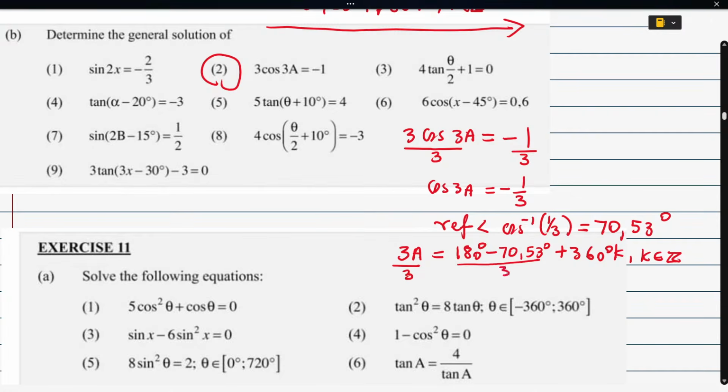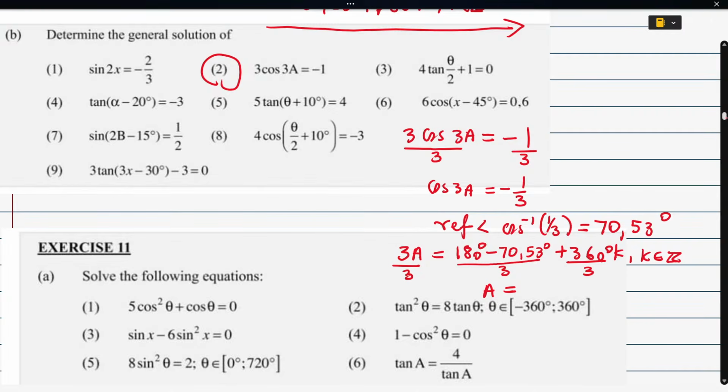Then press your calculator: A is equal to 180 degrees minus 70,53, divide by 3.